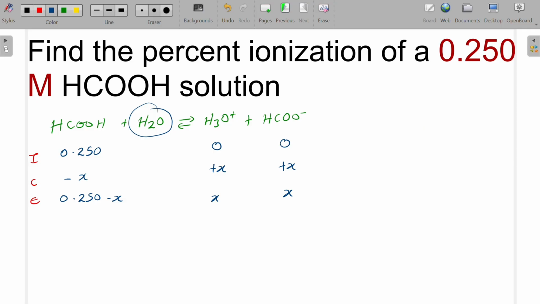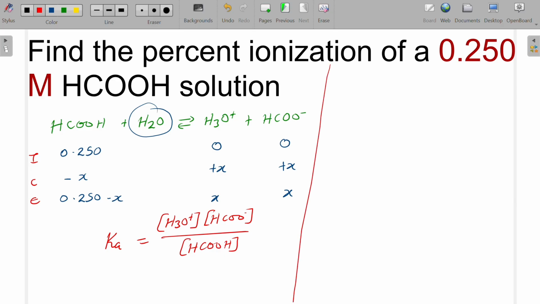All right. So our next part is to write our Ka expression. Ka will be equal to the concentration of the hydronium ion multiplied by the concentration of the conjugate base, divided by the concentration of the acid. Now we're going to replace with what we have at equilibrium.